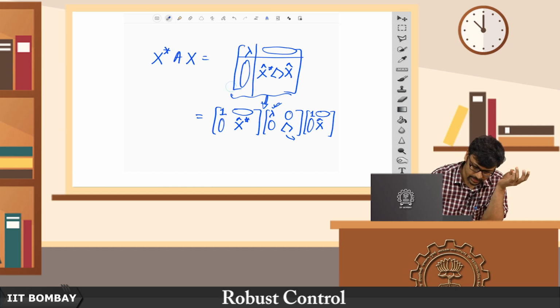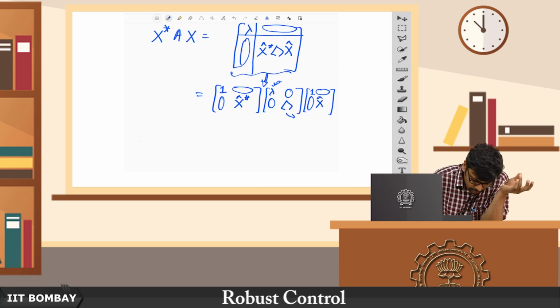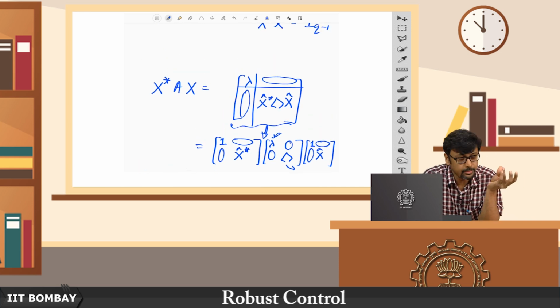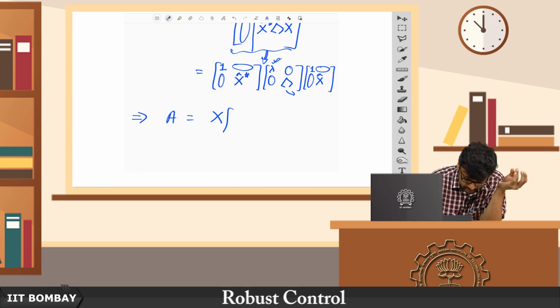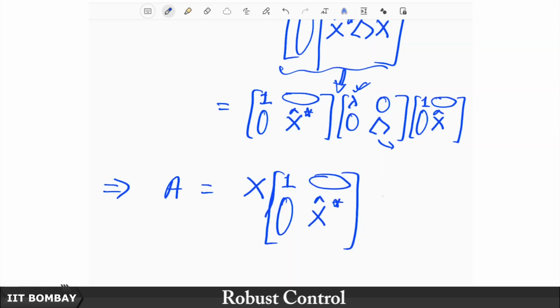But now once we have written it in this form, we do not stop there. We want to write this A. So we have A is equal to, let us hit this on the left with x, both sides we hit by x. Because x is a unitary matrix, x star x is equal to identity and x x star is also identity. So we hit this with an x and we have this 1, the zeros, this x hat star, and then we have this diagonal matrix.